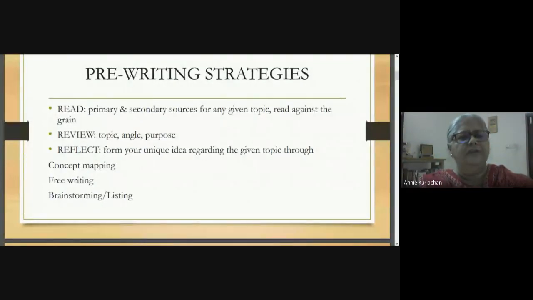Also write out related topics or related ideas with regard to that central idea. From that secondary branch, go to the tertiary branch, and everything gets related to that central concept.